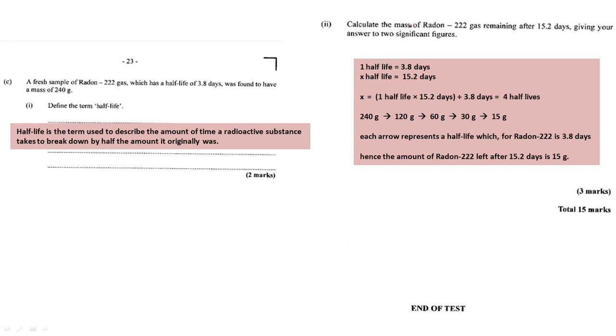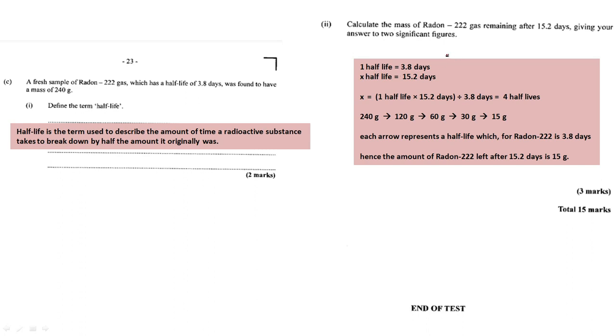Now it says calculate the mass of radon gas remaining after 15.2 days, giving your answer to two significant figures. Well, if it takes radon 3.8 days to break down to half of how much it used to be, how many half-lives would it take in 15.2 days?